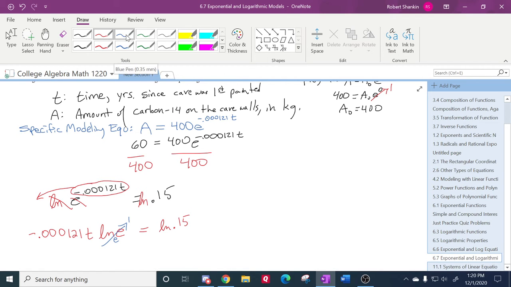And then I'm going to divide both sides. And then my t will equal, and I'll punch this out on my calculator, ln 0.15.